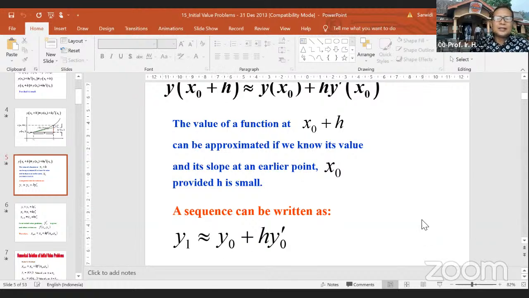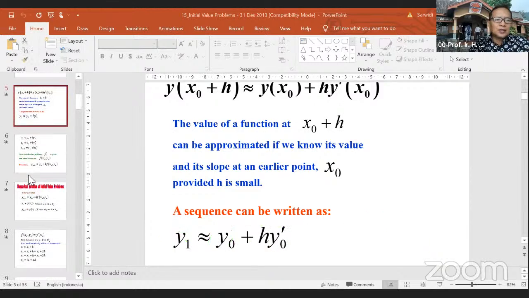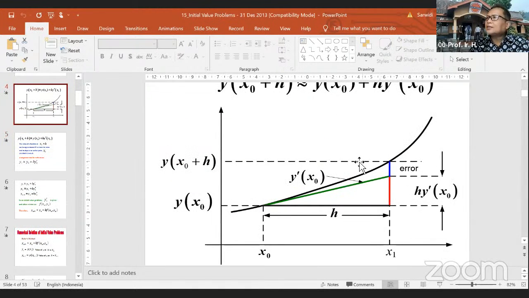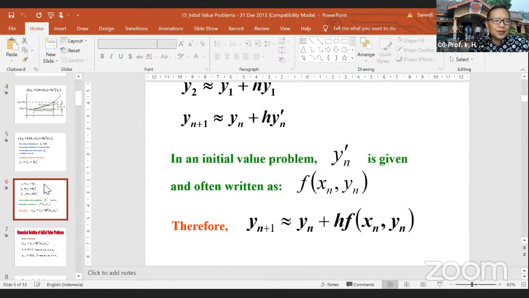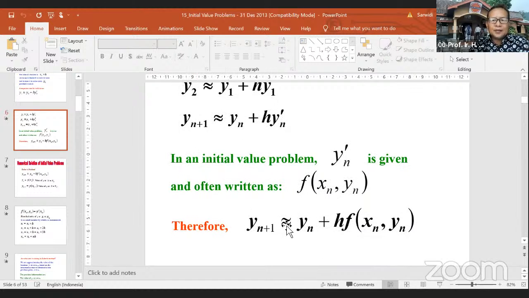This is the approximation that we got. y1 equals this one, plus error, of course. Error, as I showed you before in the picture here.